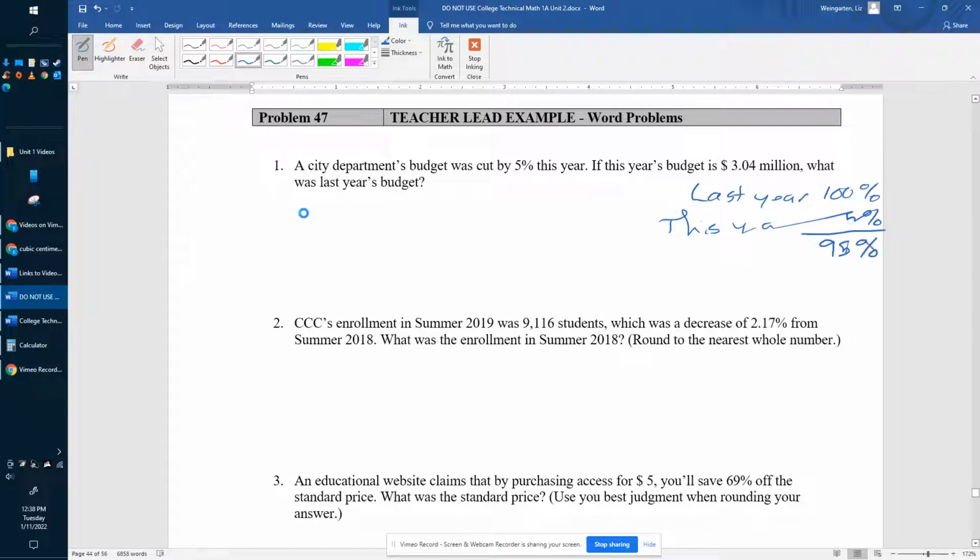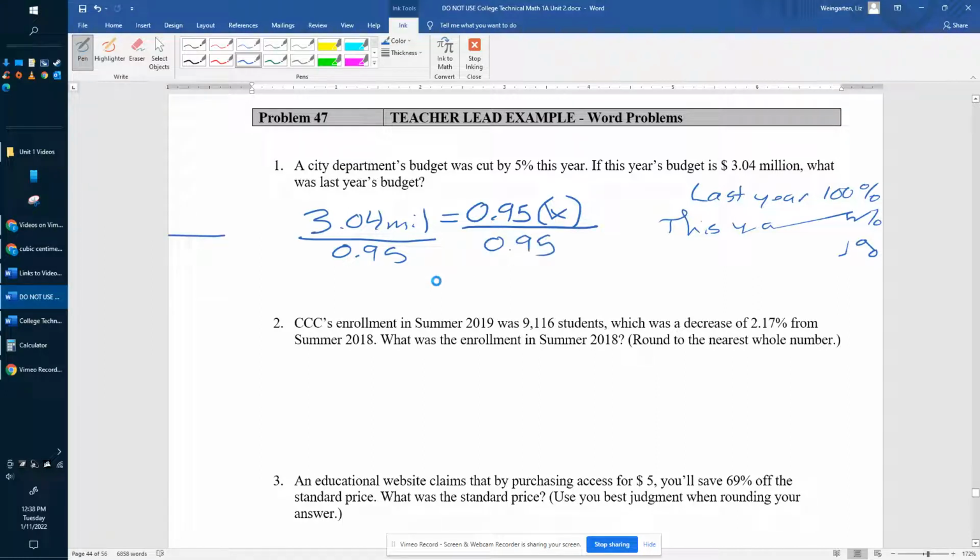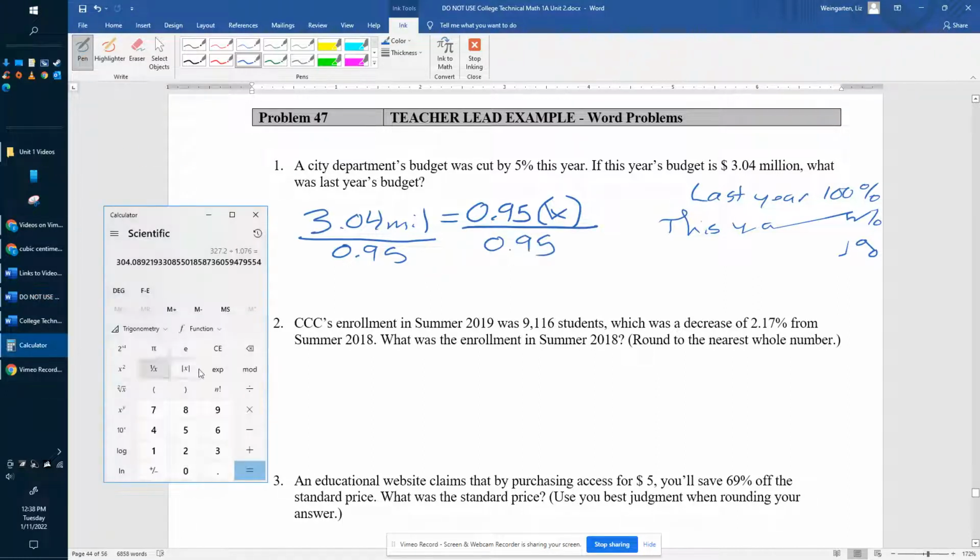So this year's budget is 3.04 million, which equals 0.95 times x. Divide both sides by 0.95. And let's see what we get. Should be a bigger number. Yes, 3.2 million was the original.